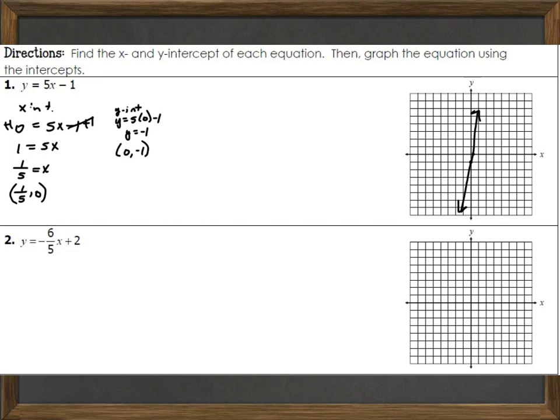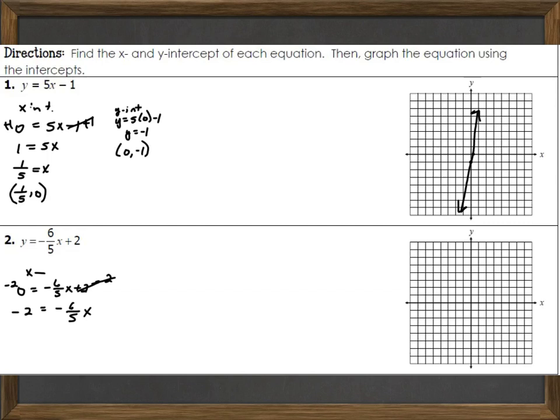Example 2. Okay, so for the x-intercept, we're going to have 0 equals negative 6/5 x plus 2. Subtract 2 from both sides. So negative 2 is equal to negative 6/5 x.